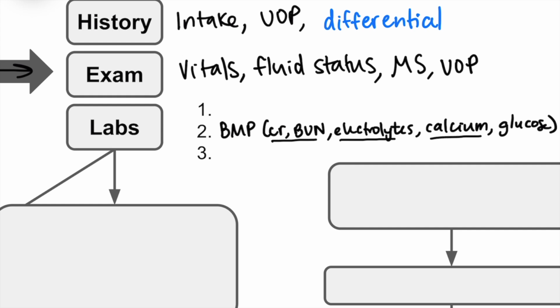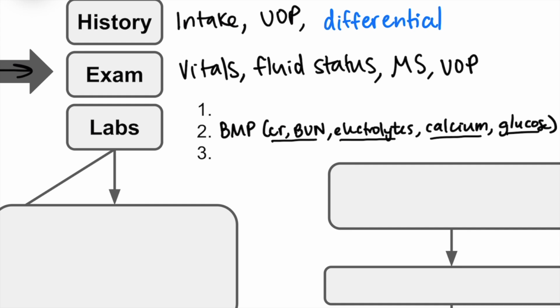Calcium can also tell you about etiology, such as if this patient has developed one of the malignancies that commonly cause hypercalcemia and injury to the kidneys, as well as glucose, since patients with diabetes and complications of diabetes, such as DKA, can develop AKI.